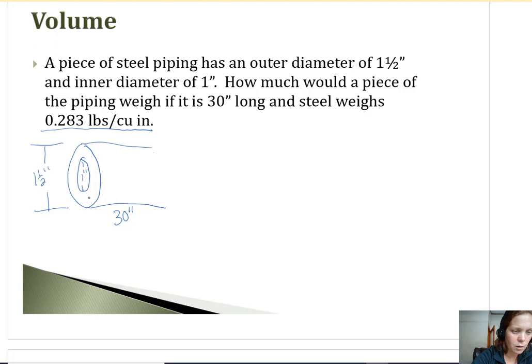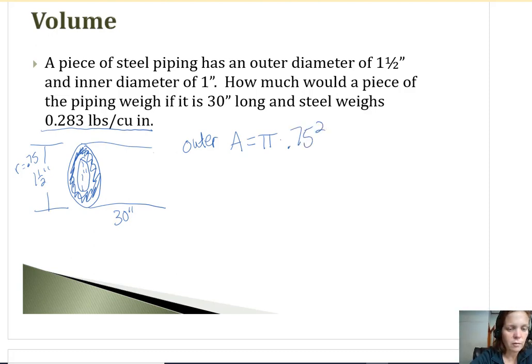So first of all, the area of the base. The area of the base is going to be just this ring. So I'm going to have to calculate the area of the bigger circle and take out the area of the inside. I'm going to put outer area is pi times radius squared. 1.5 inch diameter means my radius is going to be 3/4, 0.75.